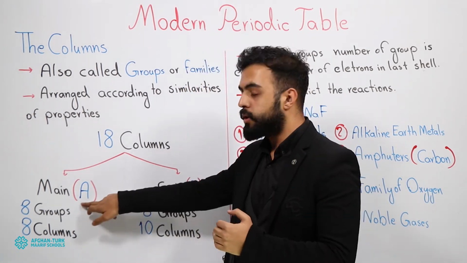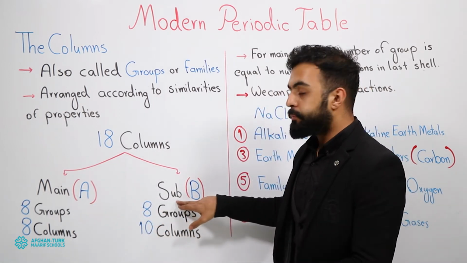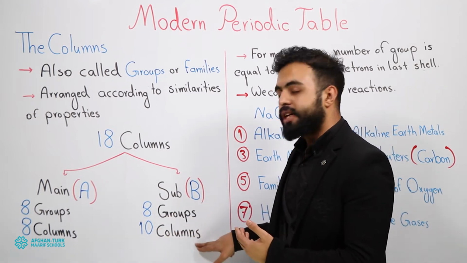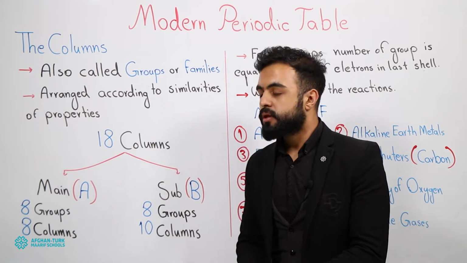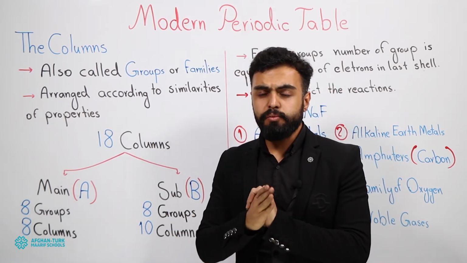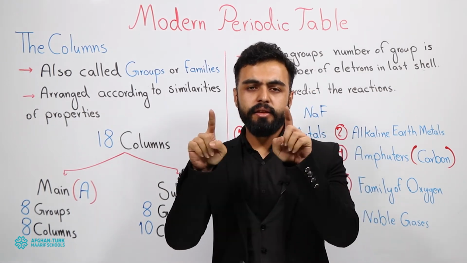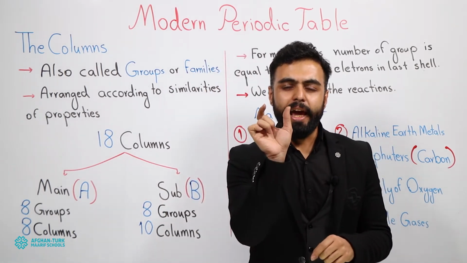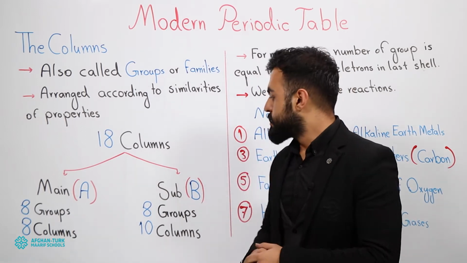We show those groups with the letter A, but the subgroups we show with the letter B. Actually, they are 10 columns, but we have 8 groups. So why 10 columns and 8 groups? Because for the 8th one, there are 3 columns, and all these 3 columns are only 8B. So one group has 3 columns.